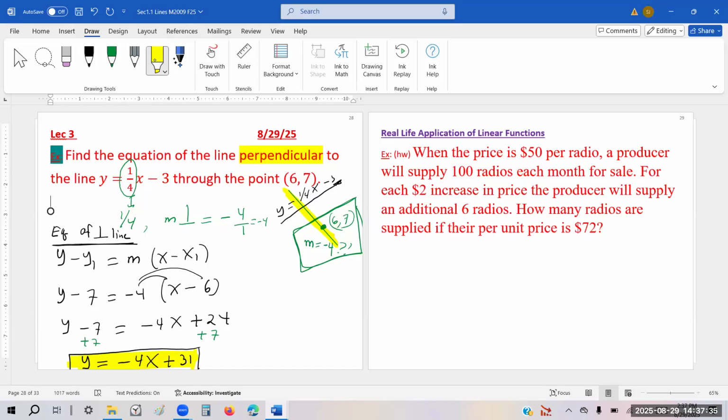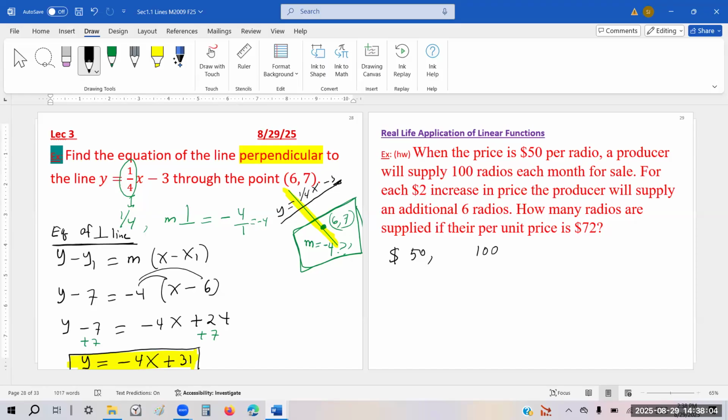Okay. Now we talked about line. Now, when do you use this linear information in our real life? This is one example. When the price is $50 per radio, a producer will supply 100 radios each month for sale. So price is $50. He produced 100 radios.